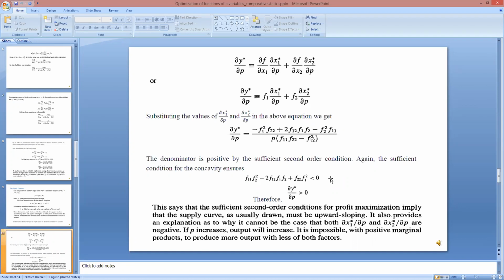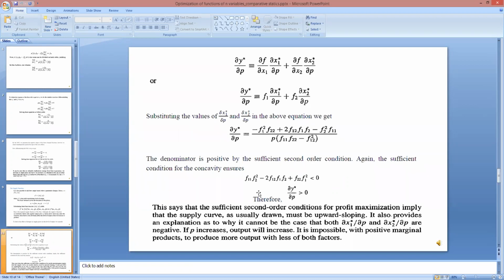As we do so, there will be some expressions with respect to F1 and F2. When we consider the unconstrained exercises, we get only the second order derivatives.